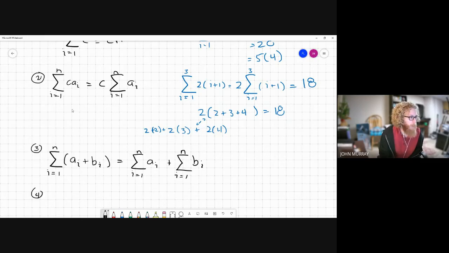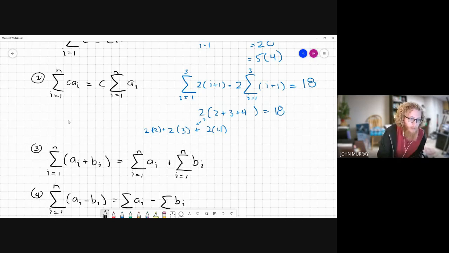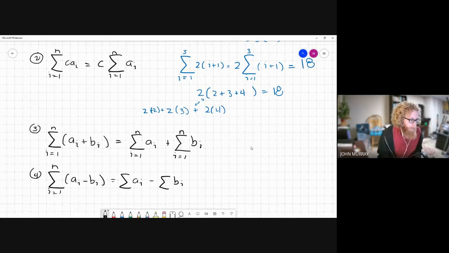And the fourth one is the same, but with subtraction. I'm just going to move down a little bit so I can finish this. All right, so we have 4 basic properties of sums.